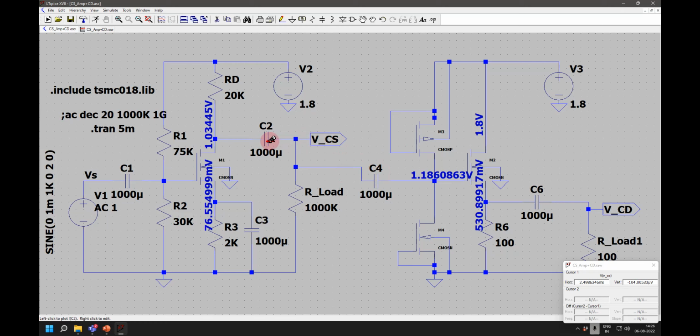No. There is no drawback. In fact, you should try and do that. If you are able to maintain the DC operating conditions close to each other, and still individually when we analyze this circuit and this circuit, we find you are able to match these two things, then let's try and do and see what happens.